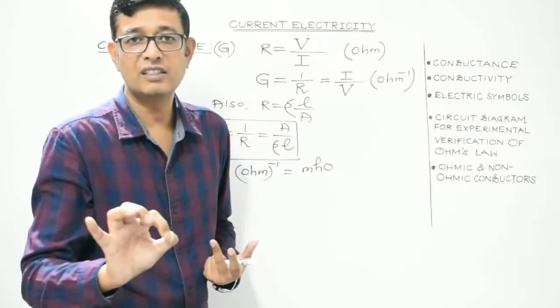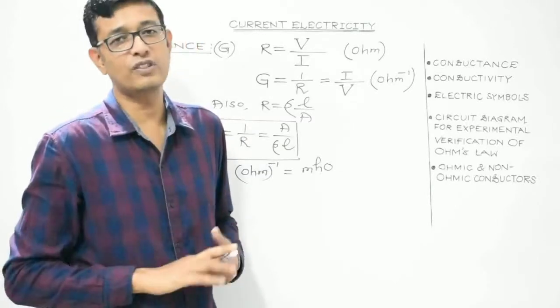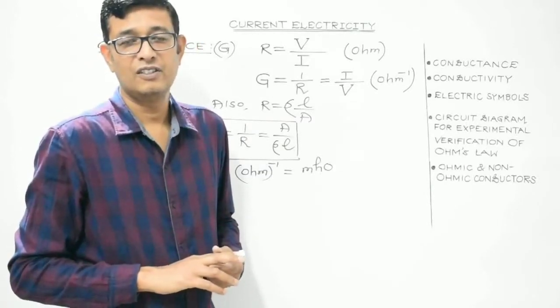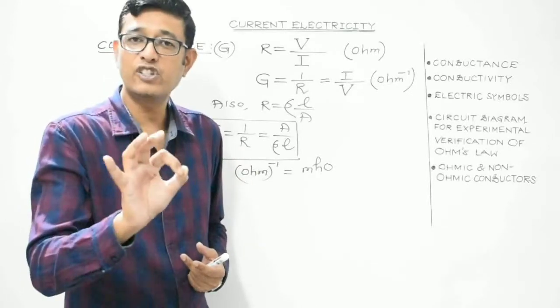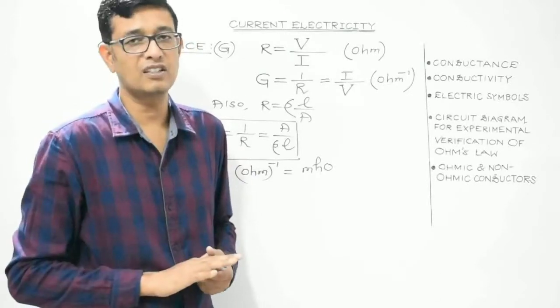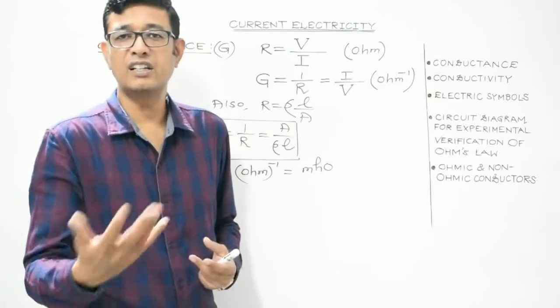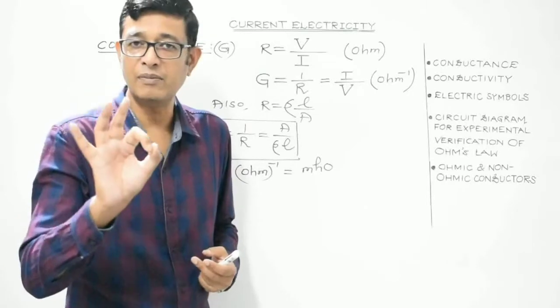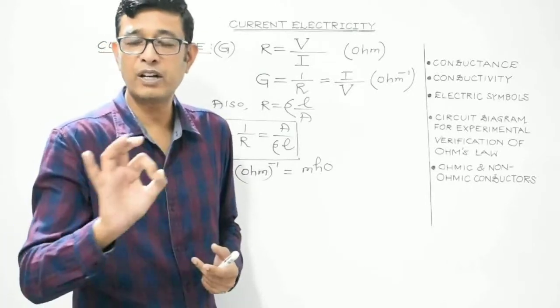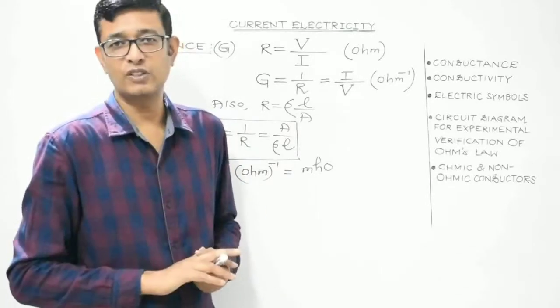Resistivity does not depend upon the dimensions of the conductor. Similarly, conductivity is also dependent only on the nature of the material of the substance under consideration, and obviously physical conditions like temperature. It does not depend on the physical dimensions of the conductor. It is independent of cross-section area or the length of the conductor.